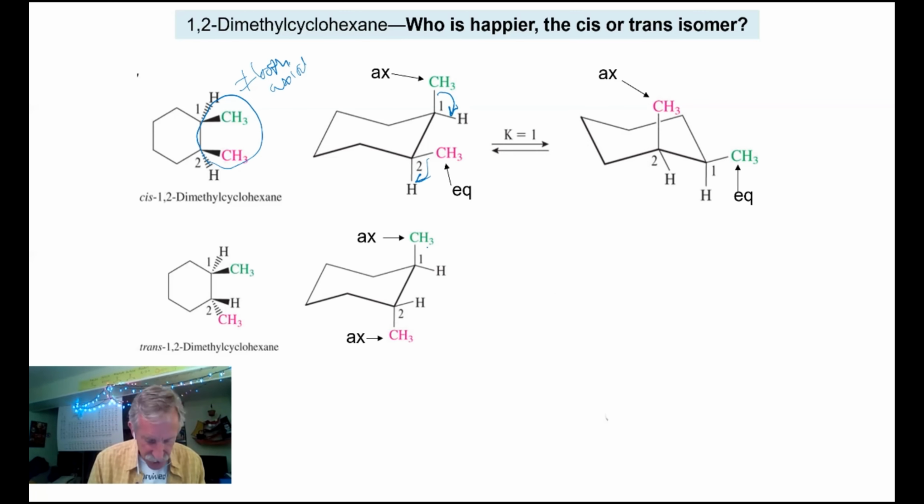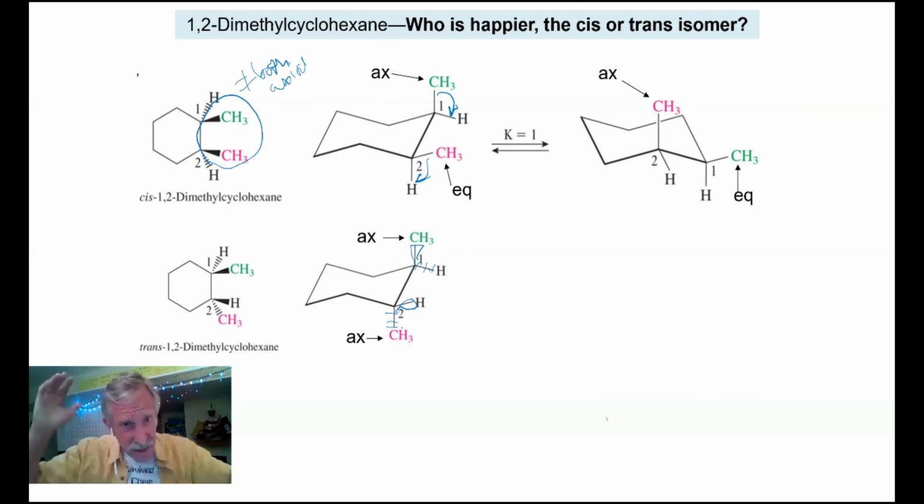And again, notice trans, this was the wedge, this was the dotted line, this was the wedge, this was the dotted line. And so wedge methyl, dotted line methyl, these two, even though they look somewhat different on their two carbons, they are both trans to each other. And in doing so, they are both axial.